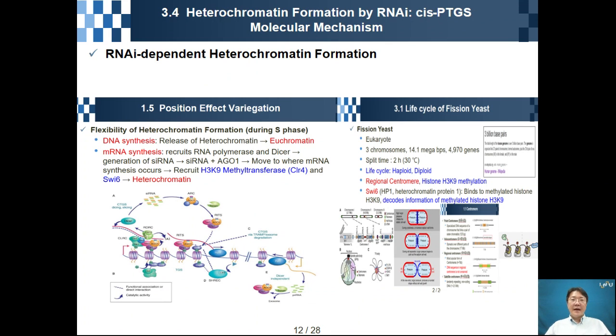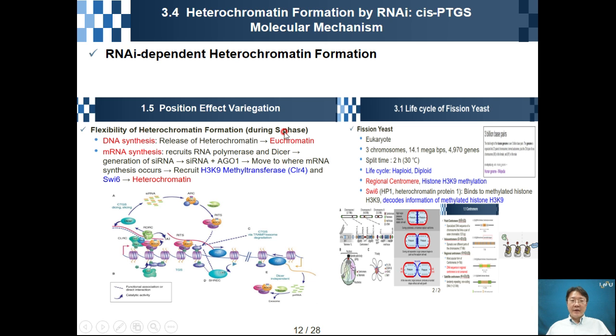Title is Heterochromatin Formation by RNAi. So we will learn the RNAi dependent heterochromatin formation. When we learned chapter 1, we learned about position effect variegation. At that time we learned the flexibility of heterochromatin formation during S phase.